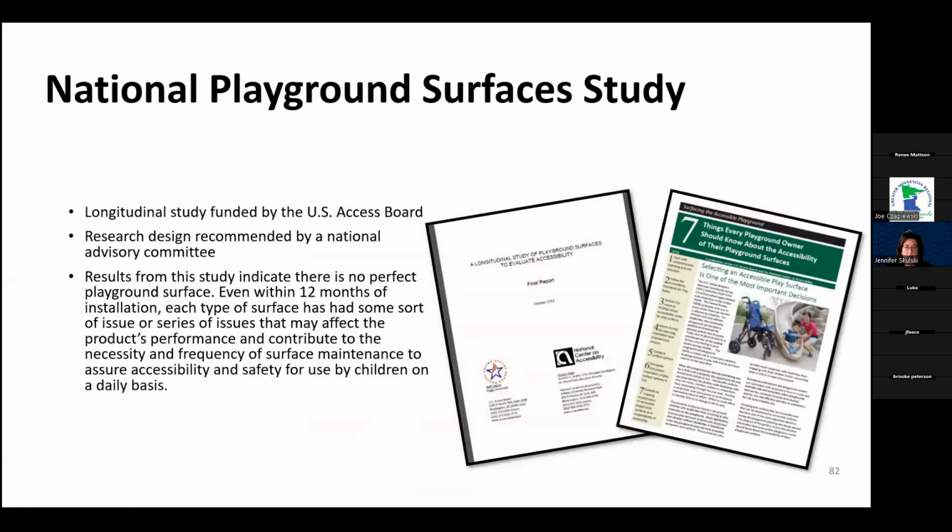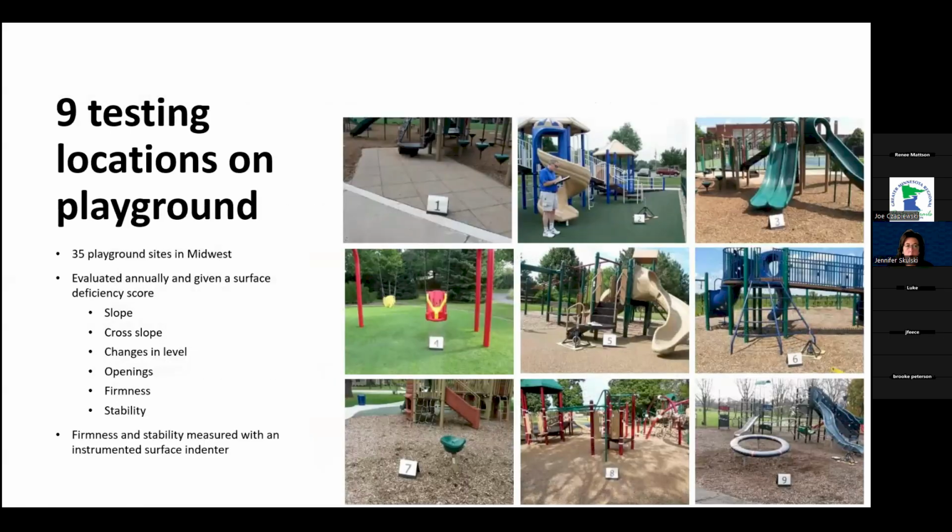We also used the device in the Access Board funded longitudinal study for playground surfaces, where we tested 9 different locations on the playground across 35 playgrounds in the Midwest. We looked at the slope, the cross slopes, changes in level, and openings, and then we also measured the firmness and stability with the device to look at how those different types of surfaces compared to one another.